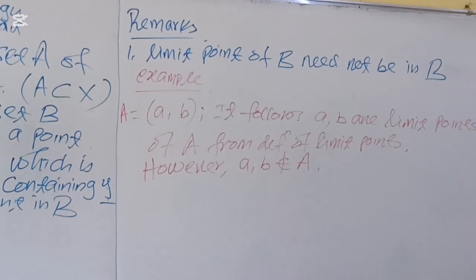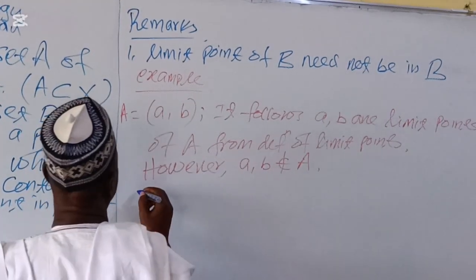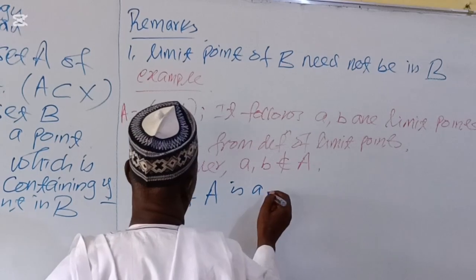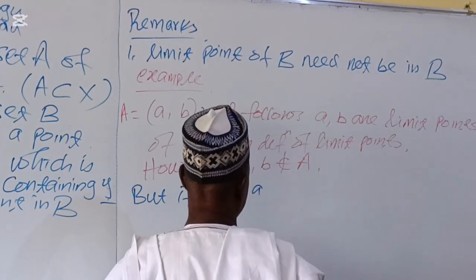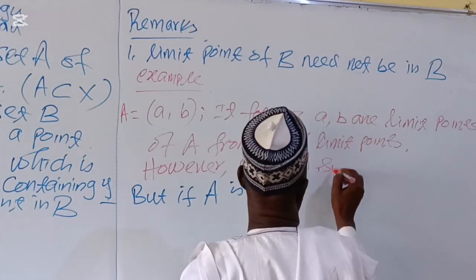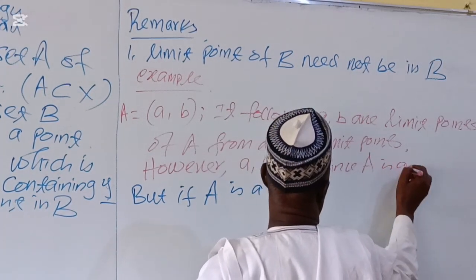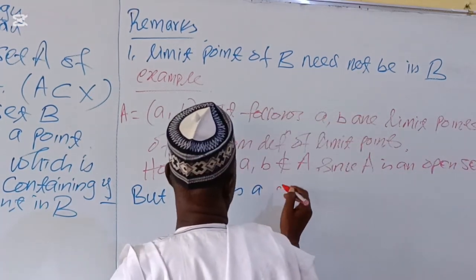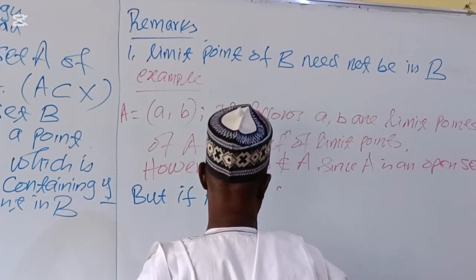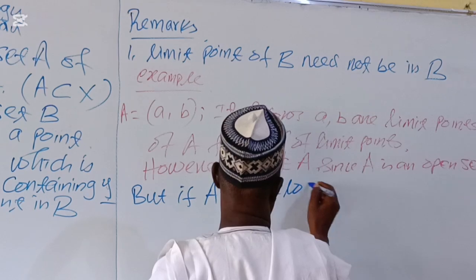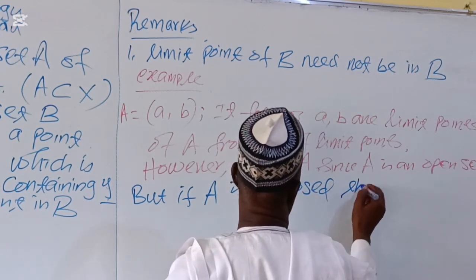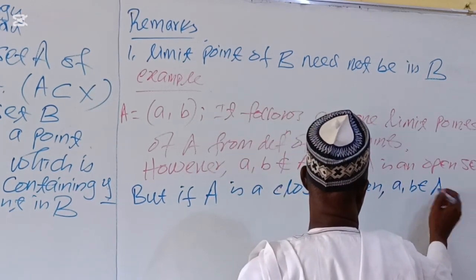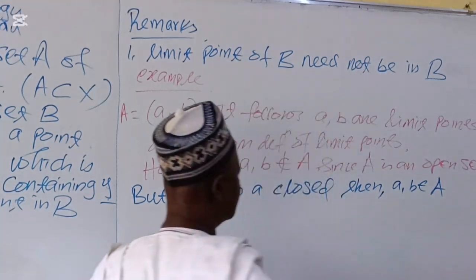Okay. But since A is open, if A is closed, then A and B will be in A, isn't it?